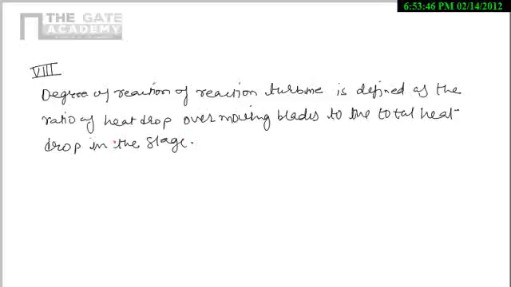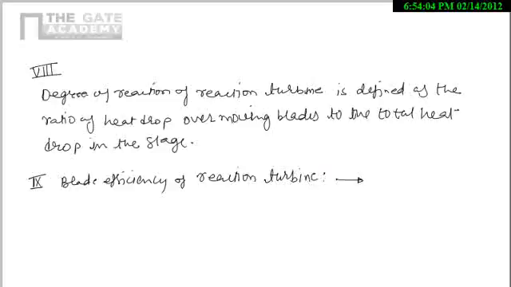Now let's talk about the blade efficiency of a reaction turbine. I am writing the formula here: blade efficiency of a reaction turbine is 2 minus 2 upon (1 plus 2 rho cos alpha minus rho square).